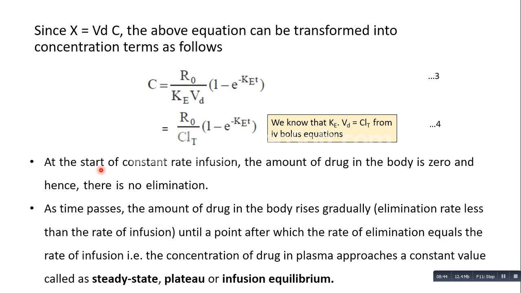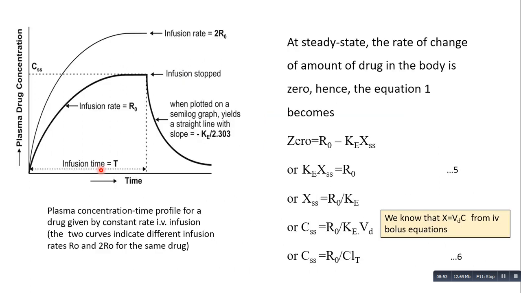If we look at this curve, this is the simple Cartesian plot of the plasma drug concentration versus time. Here, at this time, say the infusion was given, so the plasma drug concentration is increasing. Now the rate in is the infusion rate, that is R0.